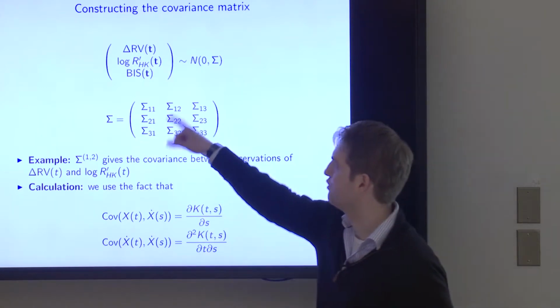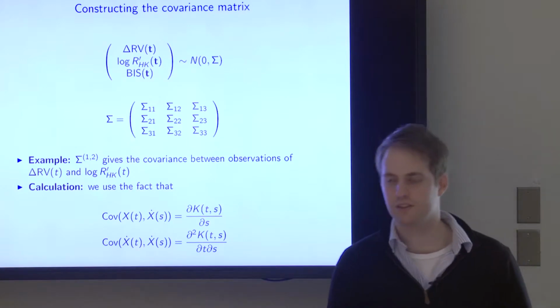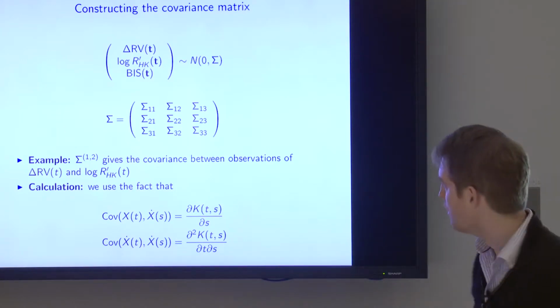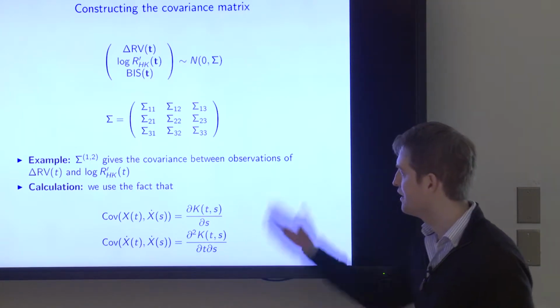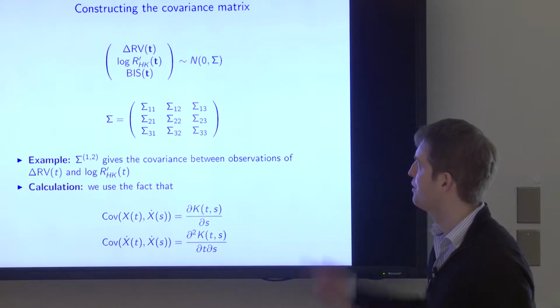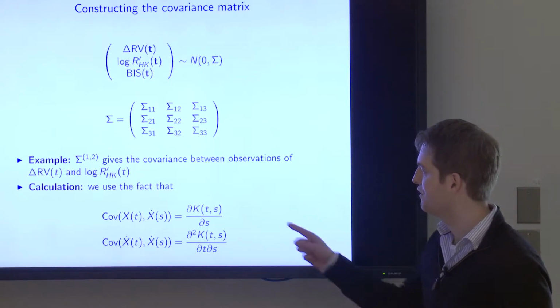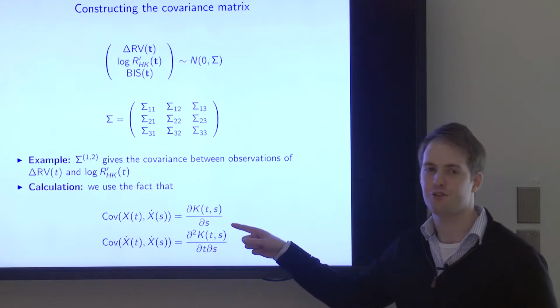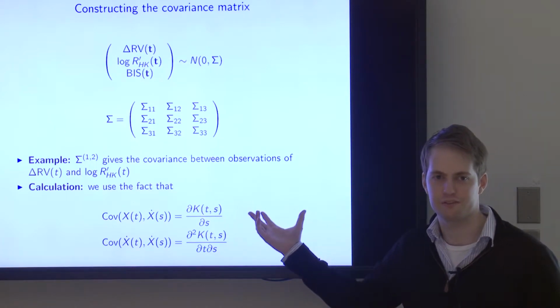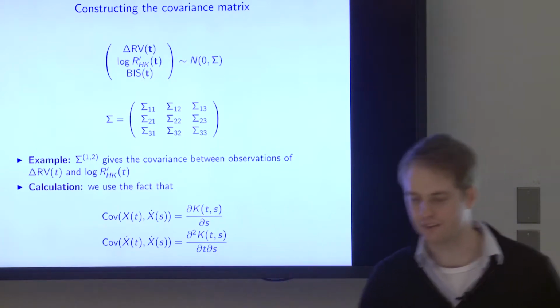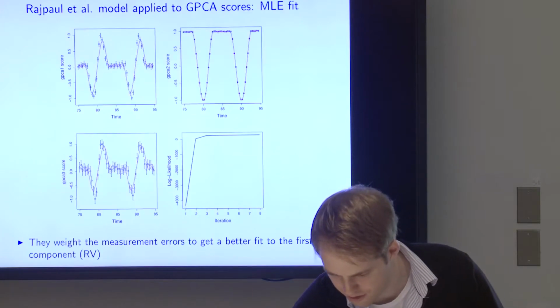And these are the cross terms, like sigma 2,1, and so on, right? And it turns out that it's fairly straightforward to compute this. If you want the covariance between a Gaussian process and its derivative, you just take the derivative of the kernel function that we defined. So that's actually very nice.